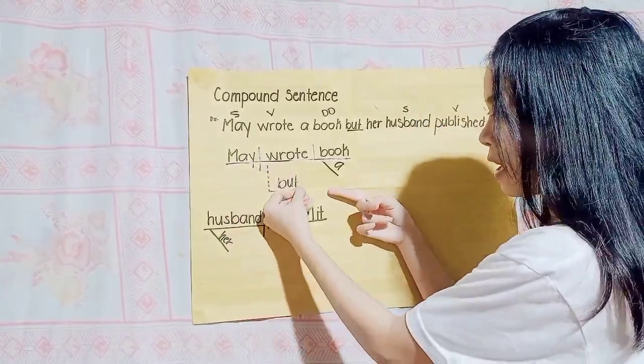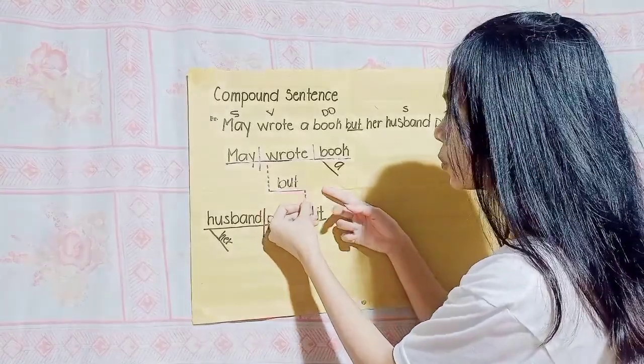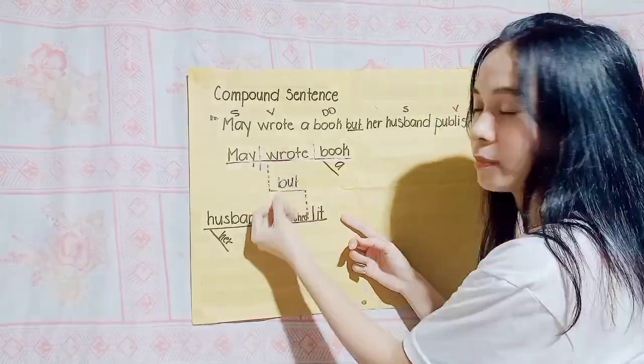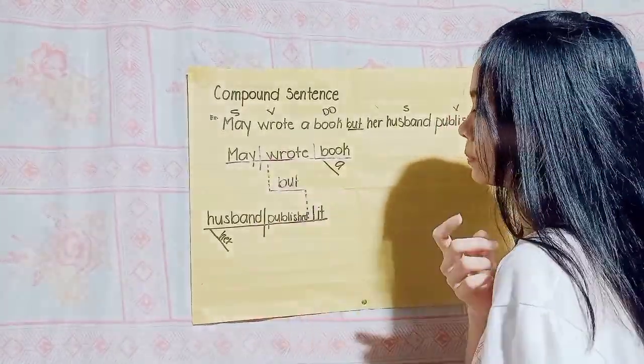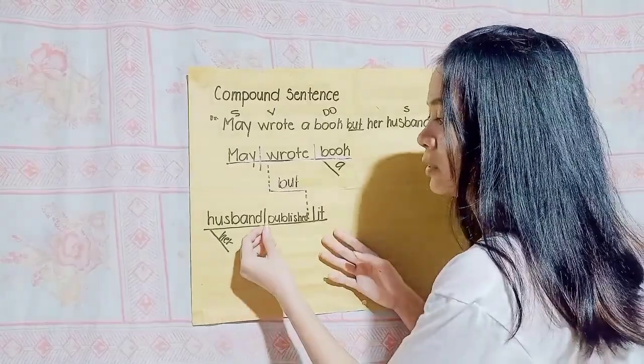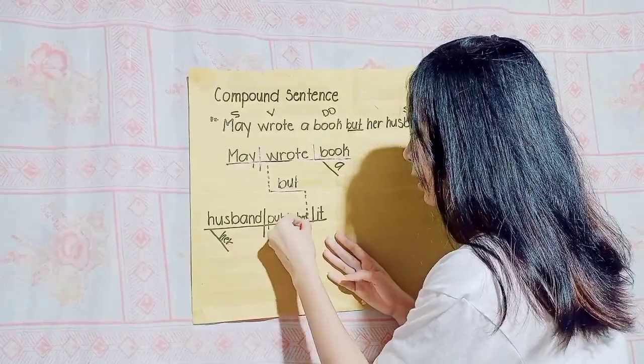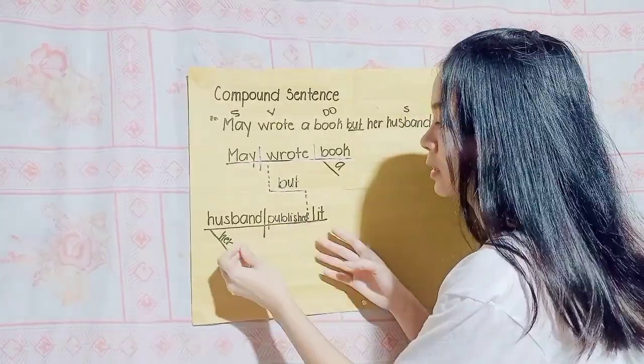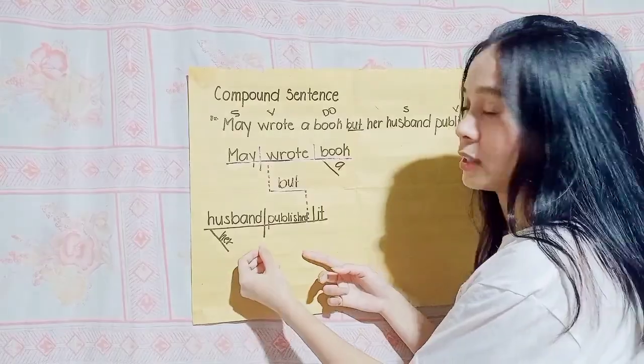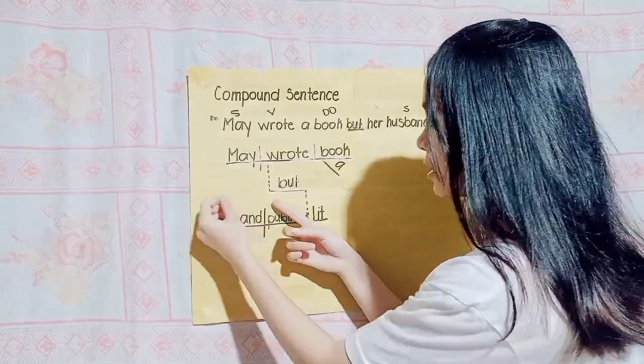Then another broken line to connect the verbs published and wrote. So under, her husband published. Husband is the subject in this second clause.